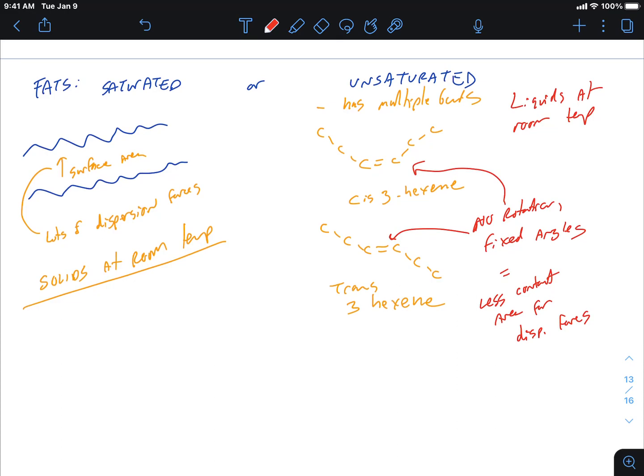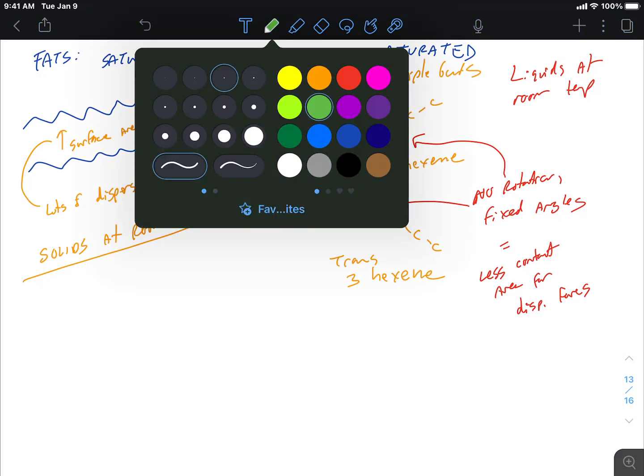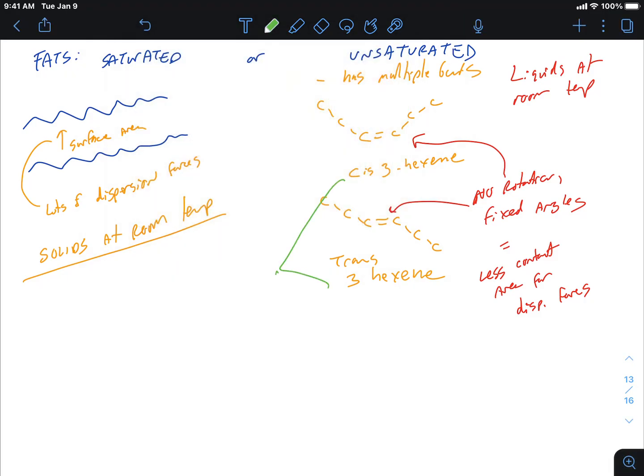Okay. Cis and trans. So fats are saturated or unsaturated, and specifically, it should be mentioned that between these two, trans will stack better than cis, meaning trans is more likely to solidify.